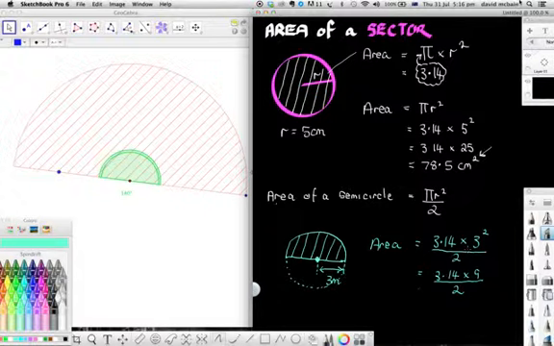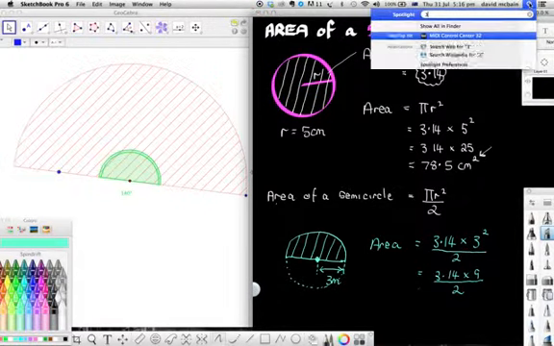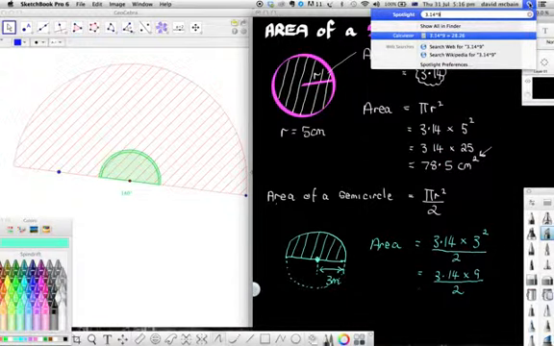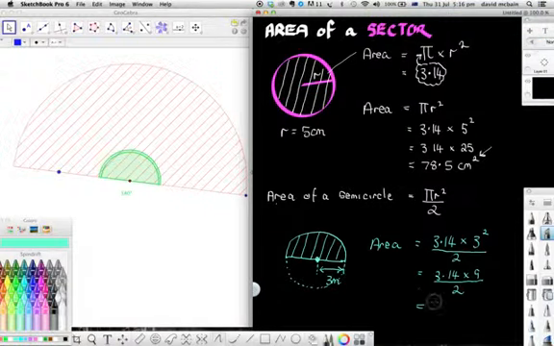And if we work that out, the answer is 14.13 meters squared. So that means that in this shaded area, you'd be able to fit 14.13 square meters, which corresponds to this region here.